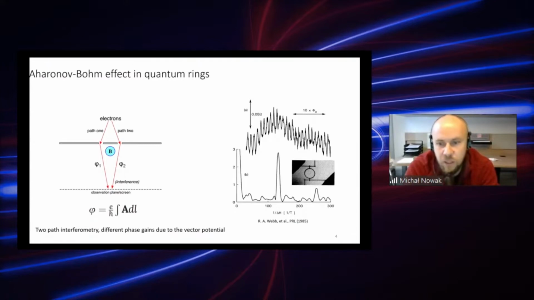This leads to Aharonov-Bohm oscillations as observed in, for example, quantum rings, where a metallic ring is put into an external magnetic field, and then we observe conductance oscillations as the magnetic field is increased.